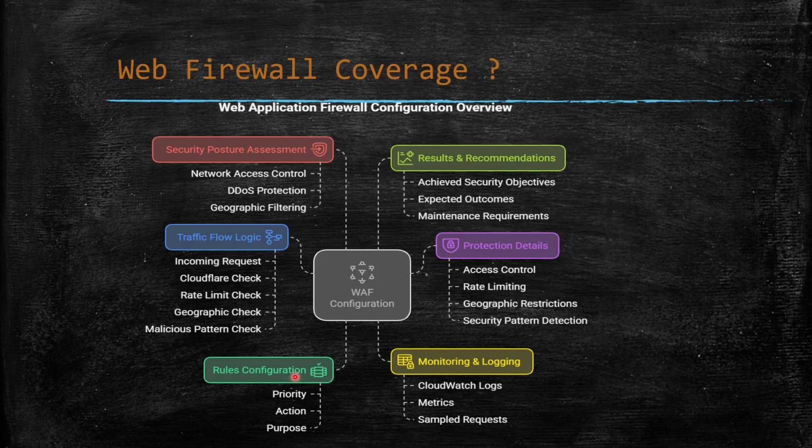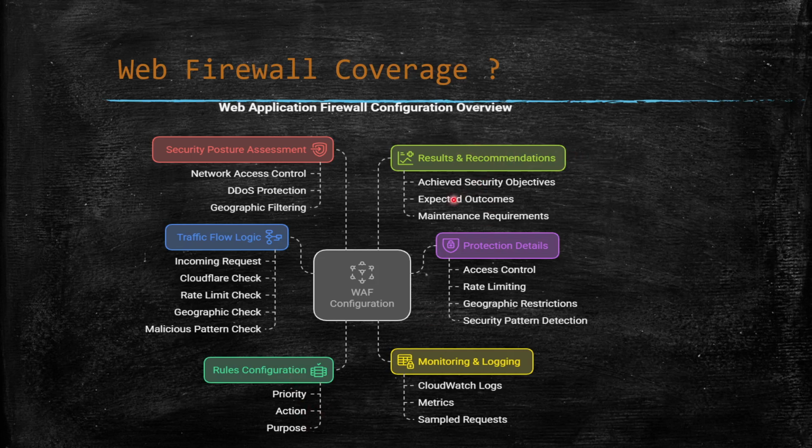Suppose I take an example: if I want to block a certain region where I'm not expecting any traffic, straight away you can keep that rule at first priority. So anything that comes to your web firewall, it will first check the originating region or originating IP, and then it will block based on the priority.